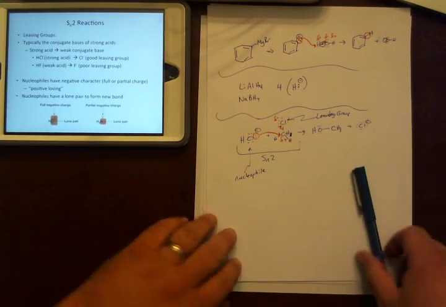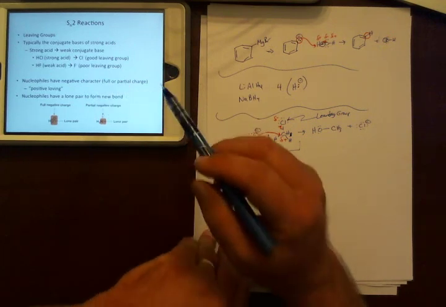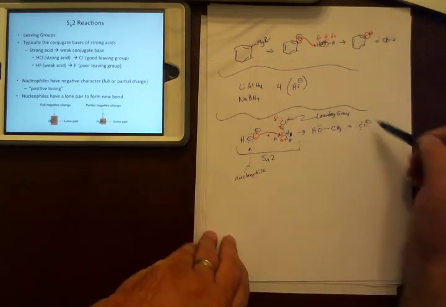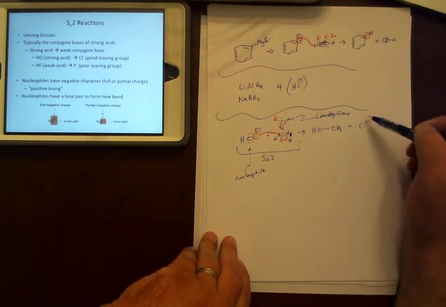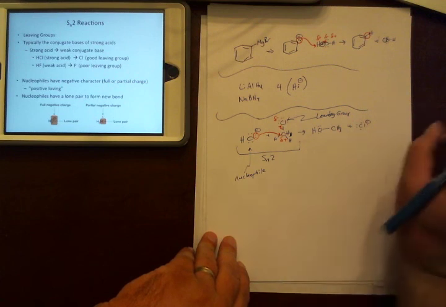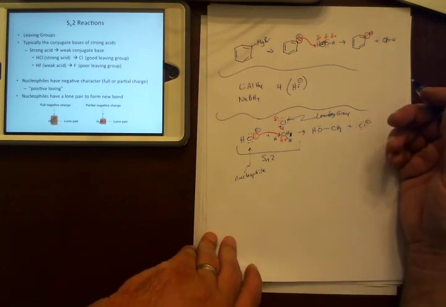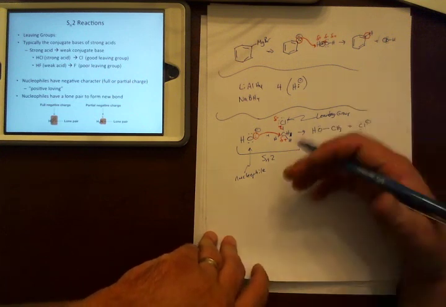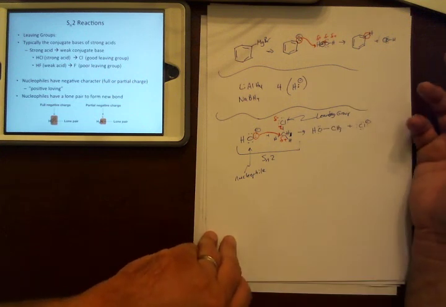For leaving groups, they're typically going to be weak conjugate bases. So chloride: HCl is a strong acid, so that means the chloride is a weak base. Not too bad. Same thing with bromide. If you had sulfuric acid, its conjugate base would be a really good leaving group.